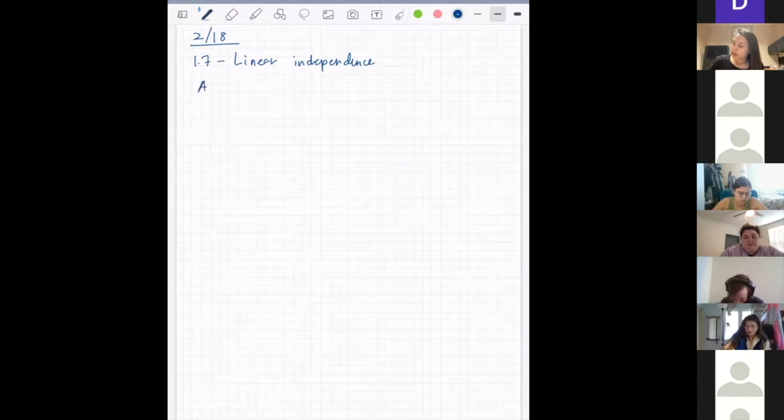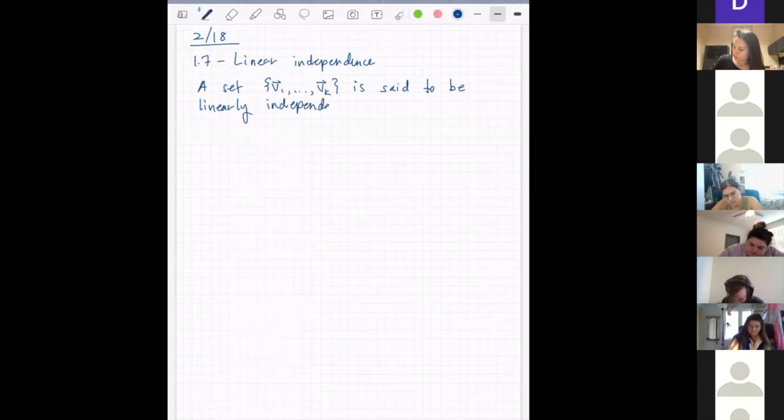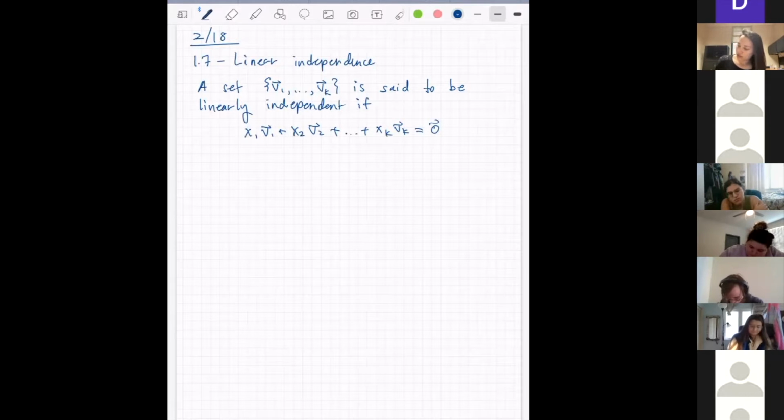A set of vectors v1 up to vk is said to be linearly independent if, when we write down this vector equation, x1 times v1 plus x2 times v2 up to xk times vk equals 0, this has only the trivial solution.